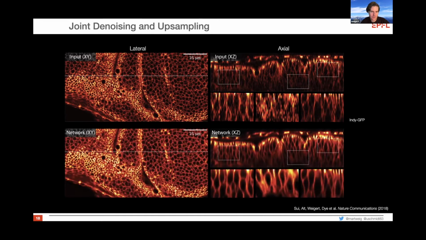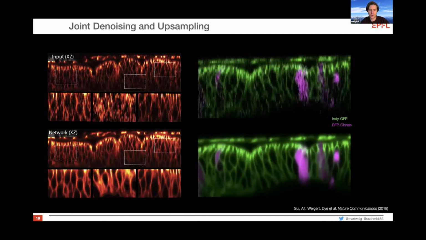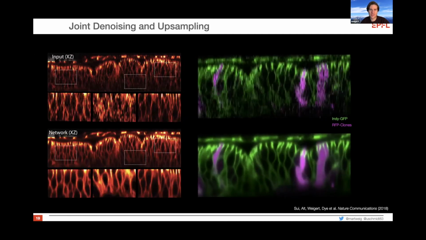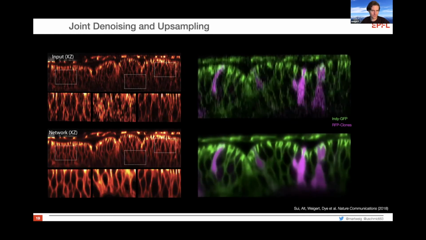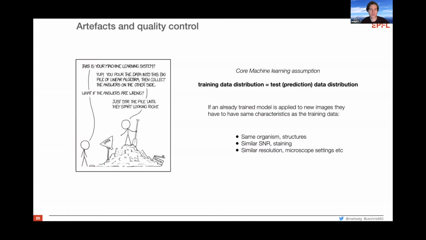And that resulted in stacks that, with the classical methods they already had in place in their workflows, they were able to segment those cells quite accurately, and then trace clones over time quite successfully, which could not be done in the original data. That's just an example for a task that is not only denoising, but also upsampling.